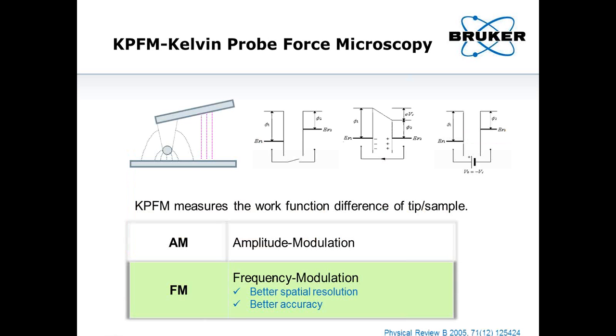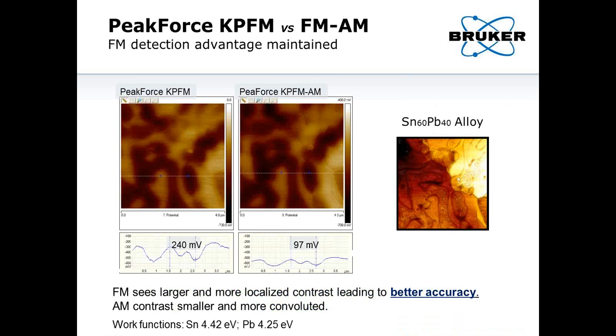Another electrical technique is you can measure the work function of your samples. Let me give you one example. This sample is a tin lead alloy. It's a solder material. So when you map it, you want to know where your tin is, where your lead is, and you can do this with KPFM, or surface potential.